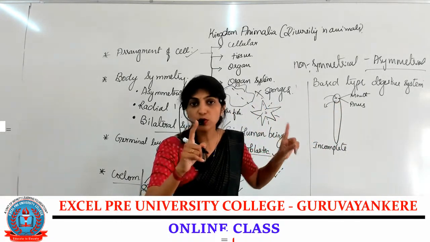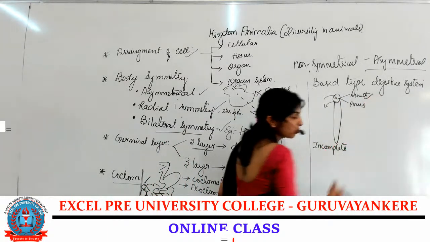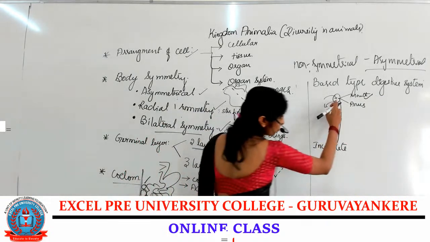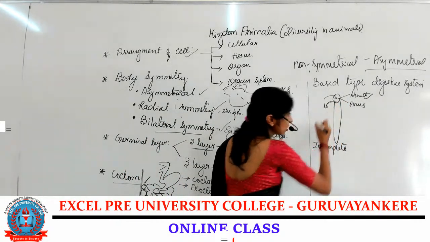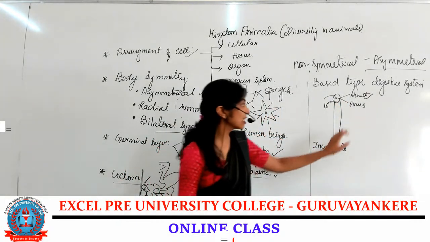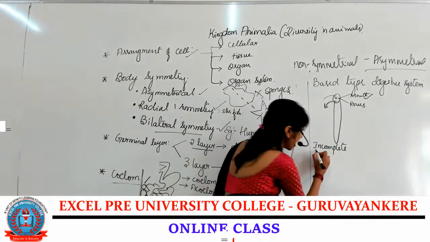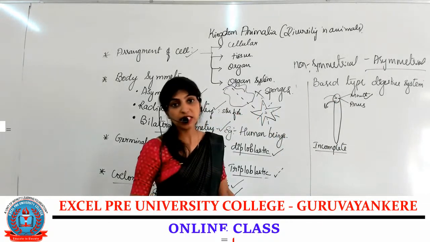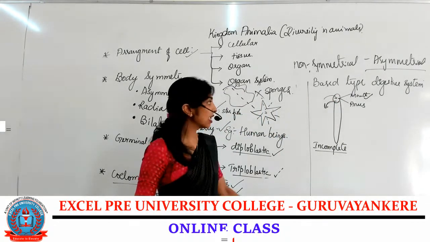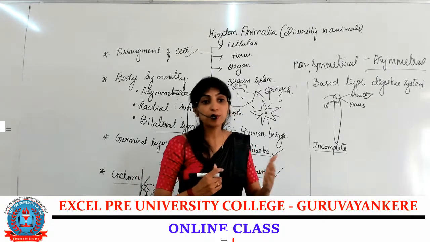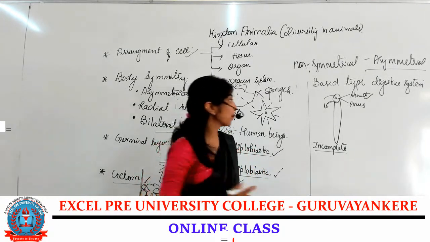That one common opening acts as the mouth, which helps to take in the food, and the same opening helps to throw out the waste product, acting as the anus. That is why that type of digestion is called incomplete digestion, because the digestive system is not complete.